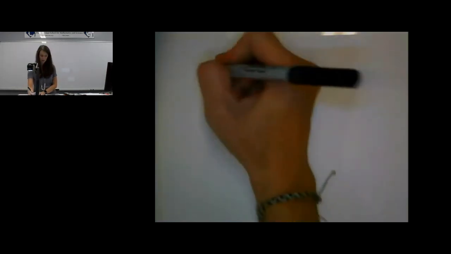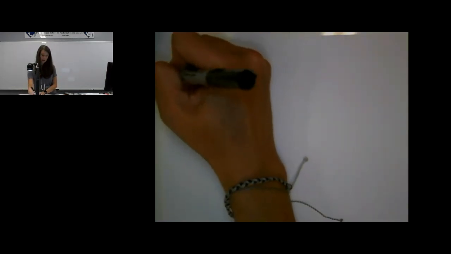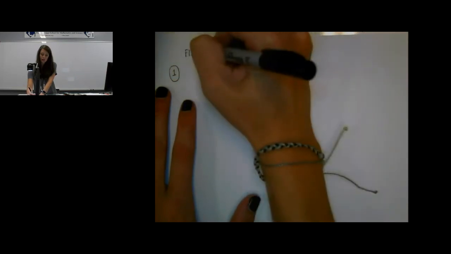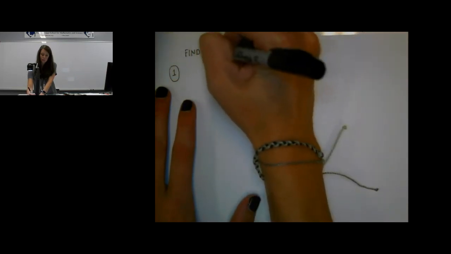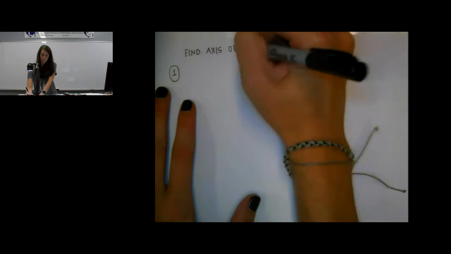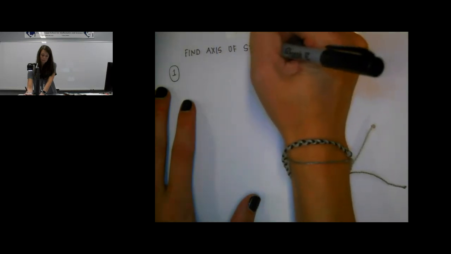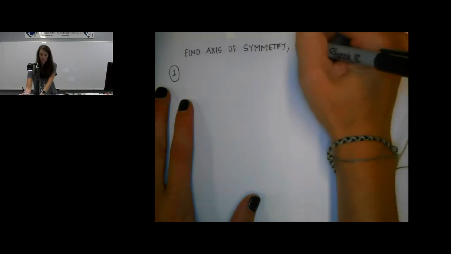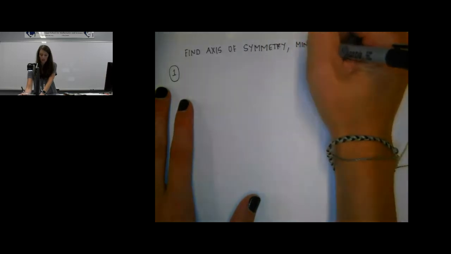Okay, so I'm going to put a function up here, and I want you to find the axis of symmetry. Tell me, is it a minimum or maximum?